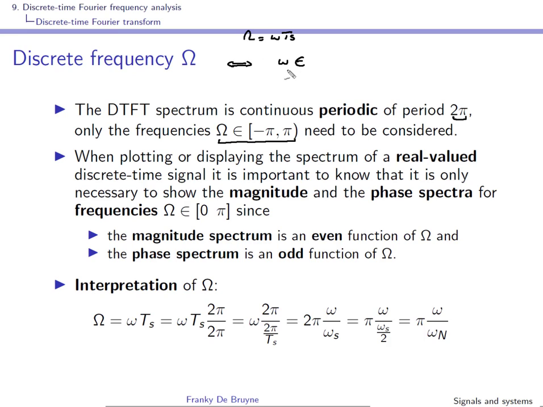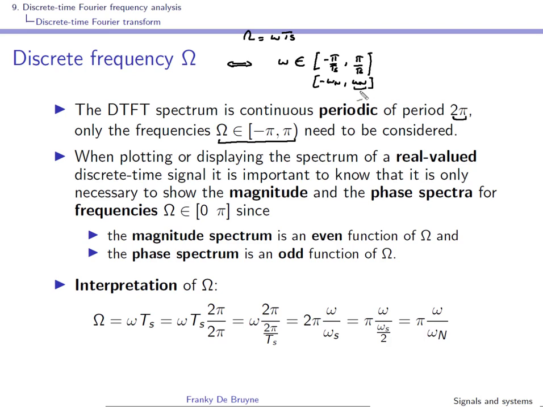This is therefore equivalent to considering analog frequencies in the interval minus pi over Ts to pi over Ts, which is minus the Nyquist frequency to the Nyquist frequency. Remember that when we sample the signal, we assume that we have removed all components above the Nyquist frequency.